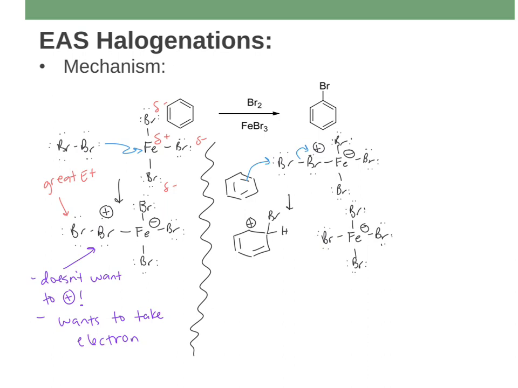So we have a FeBr4 minus, and then our bromine has added to our electrophilic aromatic ring. And that was the first step of that electrophilic aromatic substitution mechanism that I mentioned in a previous video.